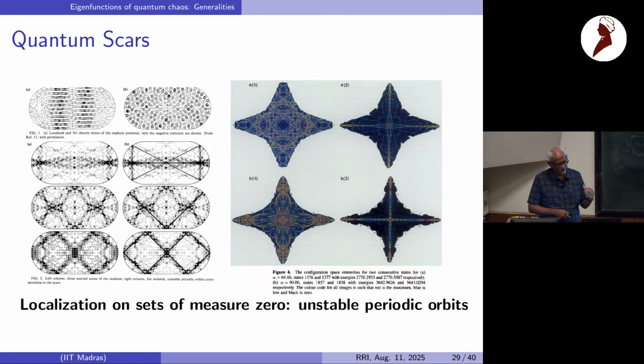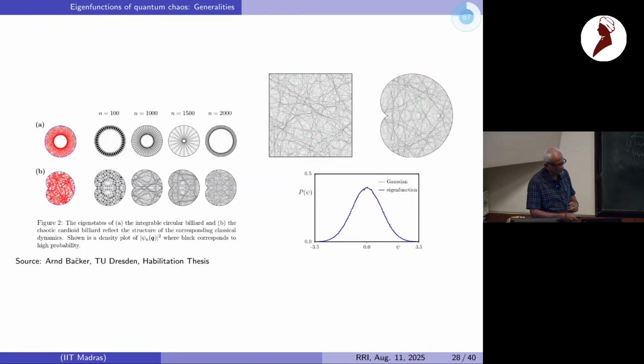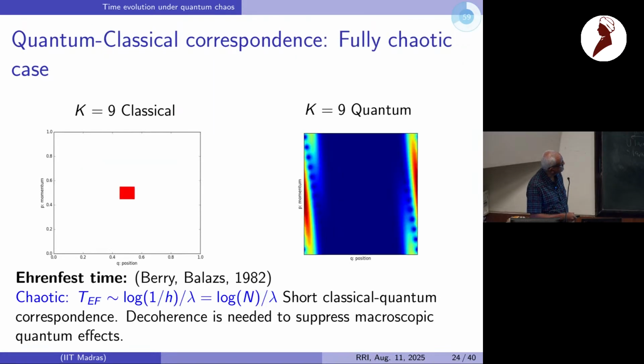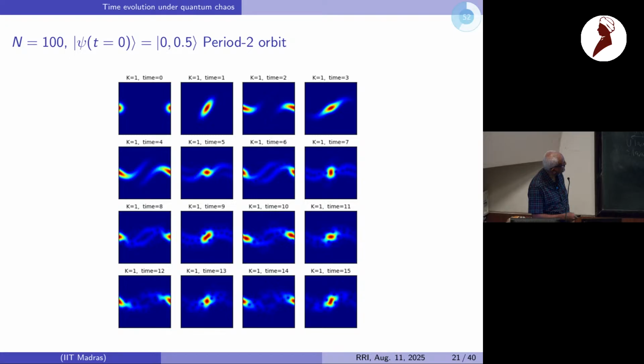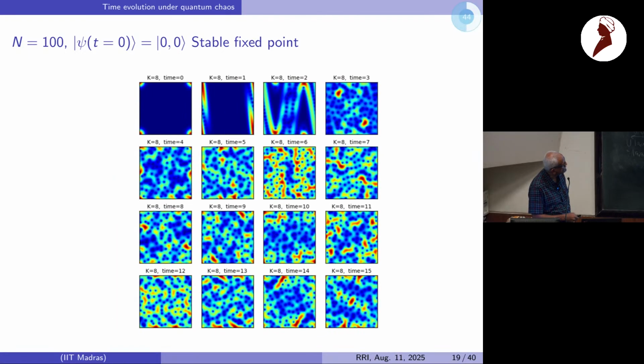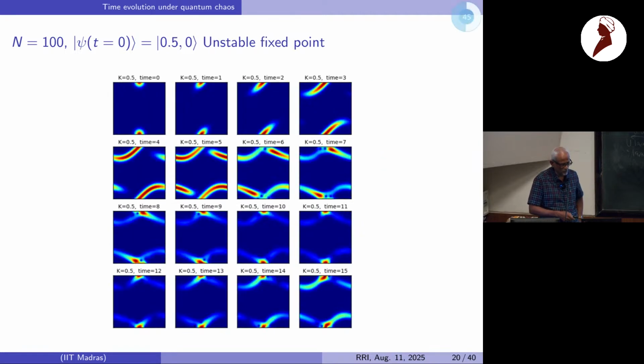There are theories developed for quantum scars, mathematical theories about their origin and so on. But all the time evolution which I showed you at the beginning is related to this, in the sense that you can take, let's say, a fixed point at the origin, and because the time evolution does not move it away, even in the unstable case for some time, it is sufficient for an eigenfunction to be stabilized at that point.